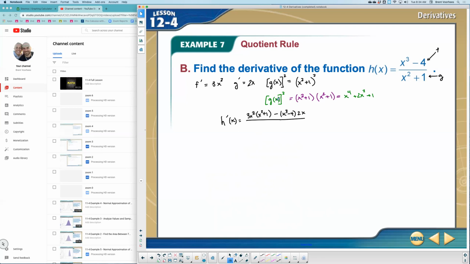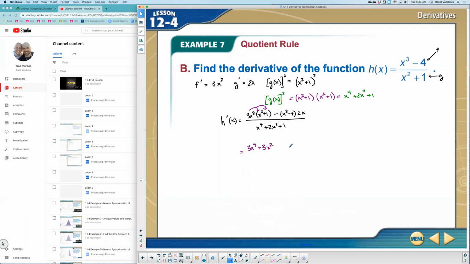And all this will be divided by g squared, x to the 4th plus 2x squared plus 1. Okay, so let's distribute out the numerator and see what we come up with when I distribute those values here. We will have 3x to the 4th power plus 3x squared.